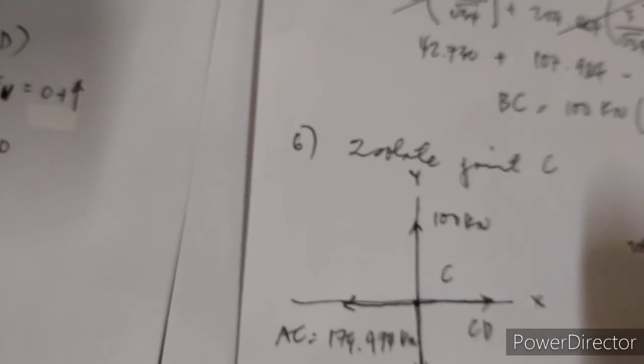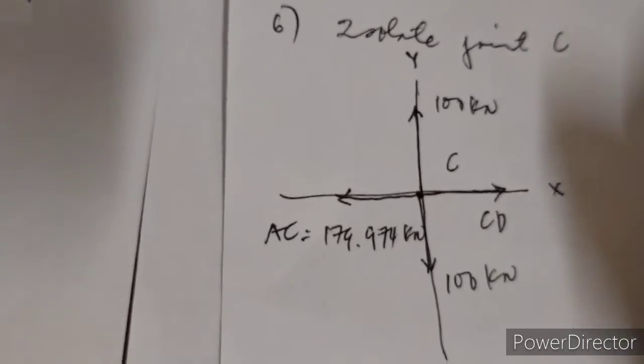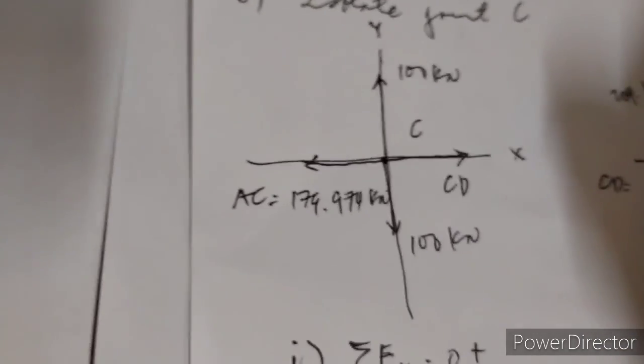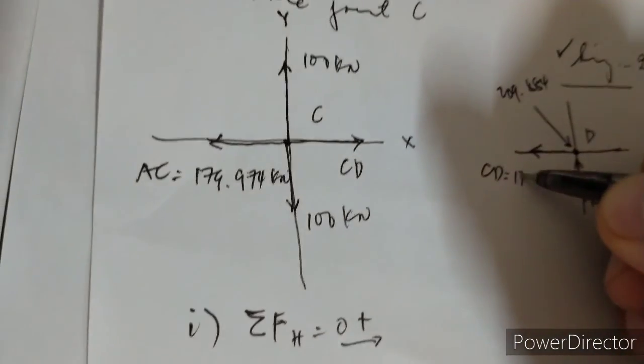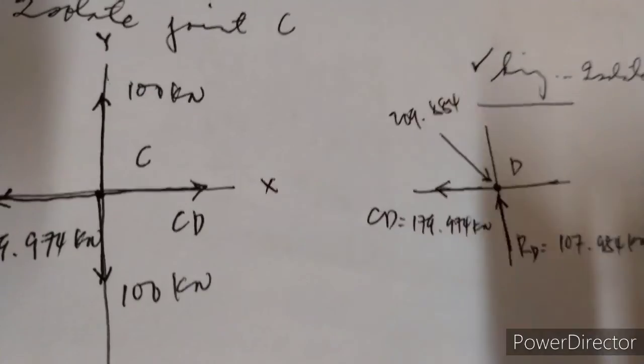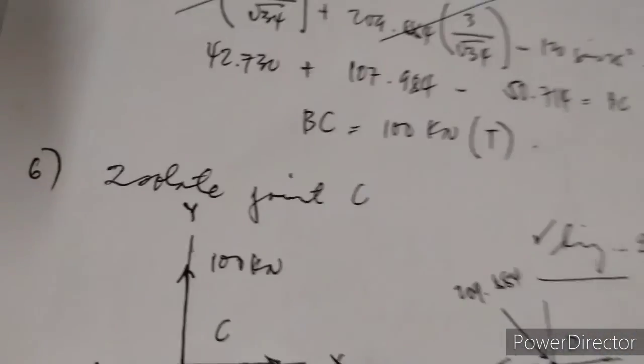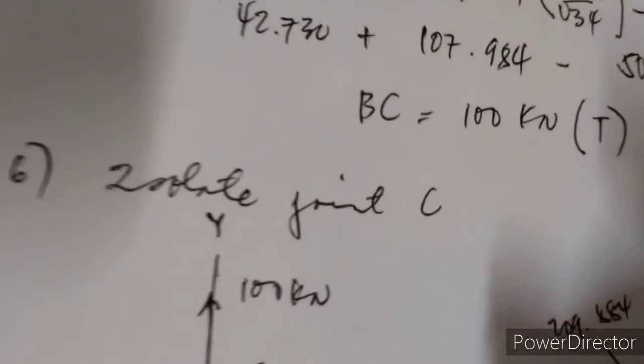CD is in tension, and this is CD, which has a value of 179.974 kilonewtons. Anyway, this is just checking. If it will give us a CD of 179.974, then it is correct.